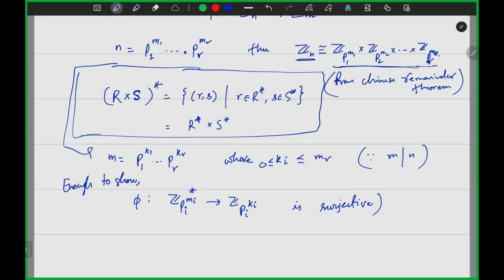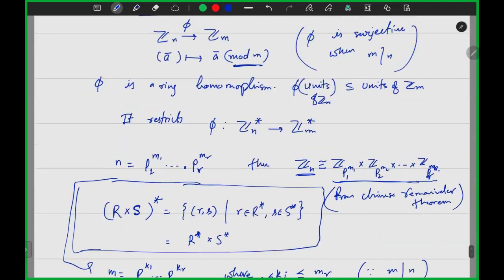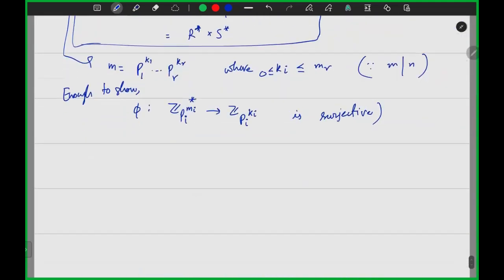Actually, here it is an isomorphism, but I'm showing this morphism. So we have this surjection on components. This is a map from Z_{p1^m1} star cross Z_{pr^mr} star to Z_{p1^k1} star cross Z_{pr^kr} star.